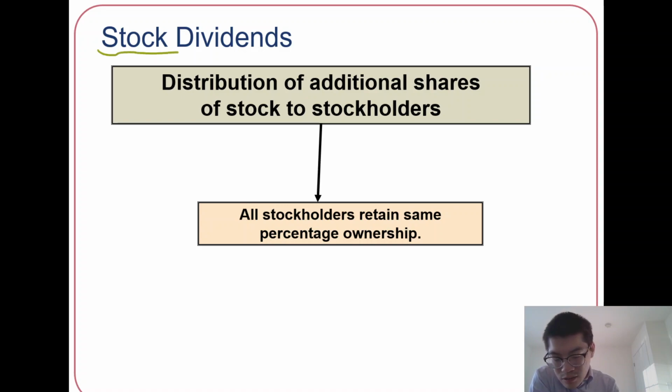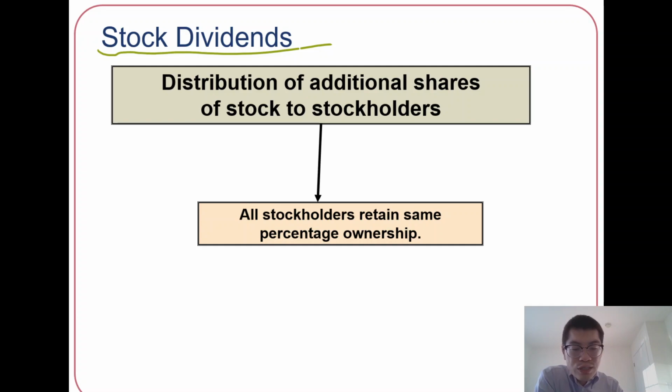And now we're talking about stock dividends. Basically, the company says, all right, we don't want to issue any cash dividends because we're probably going to spend cash on some new projects next year, somewhere else to grow our company.